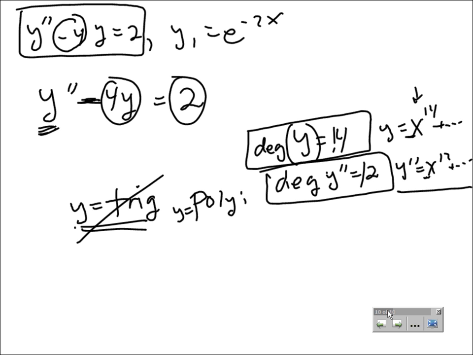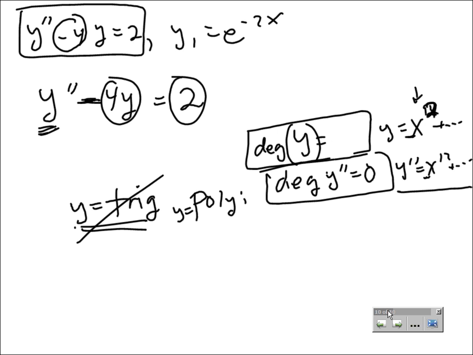Okay. But what if the degree was lower? If the degree is low enough, if the degree of y is, say, 2, well then the degree of y double prime will be 0. It'll just be a constant. So when you do the subtraction, you're going to have an x squared term. So that doesn't work.